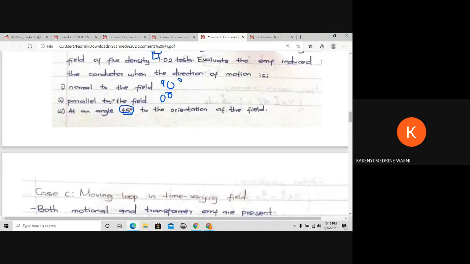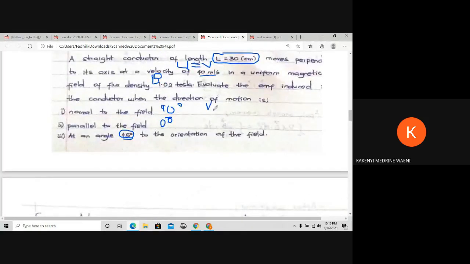So normal to the field, remember our equation is V EMF, our induced EMF, which is equal to U our velocity, B our flux density, L our length, then sine theta.